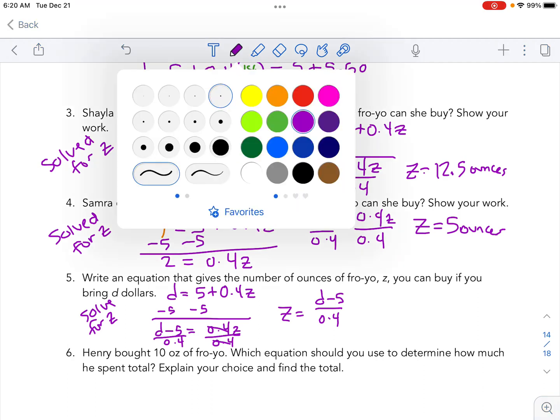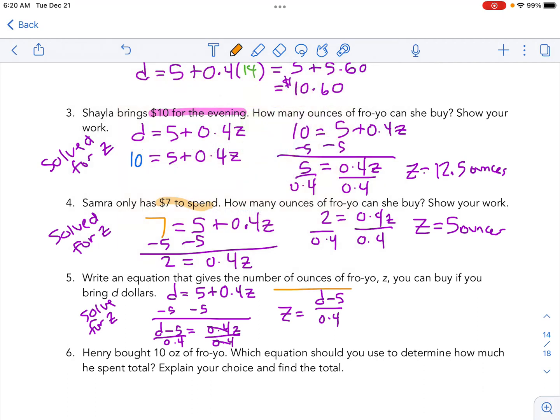Okay, so we solve this for Z. And that's just another function, right? And now we kind of turn the tables. Now we can look at this function and say, okay, we can figure out, now everybody coming through the door, we can figure out how many ounces of yogurt they can buy, just based upon how much money they're able to bring to the event.